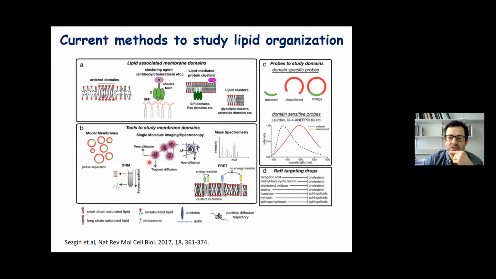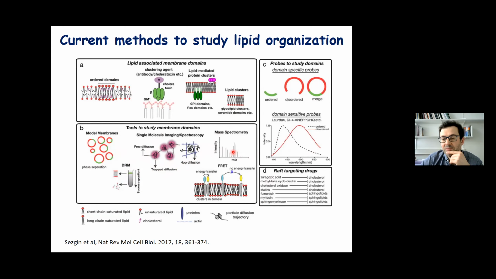I will be talking about the old method of DRM isolation. Then you have microscopy techniques where you can track the molecules in different environments, more constrained or less constrained. Based on diffusion, you can conclude whether it is ordered or disordered phases, or rafts or not rafts. And you have energy transfer methods.